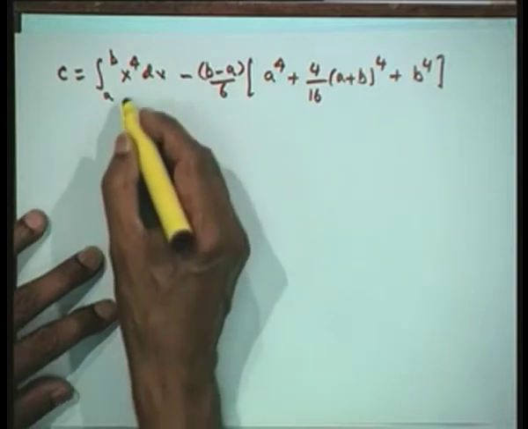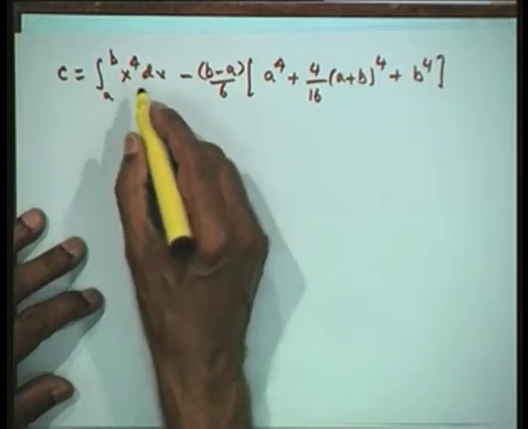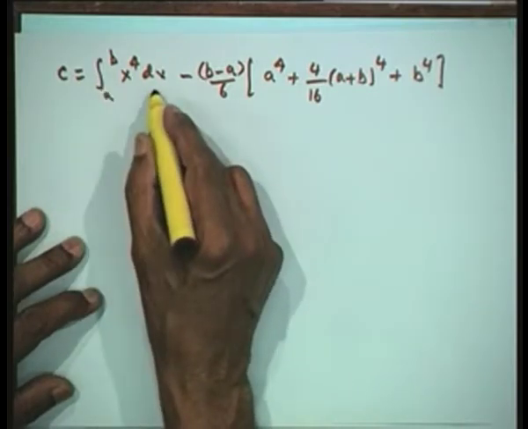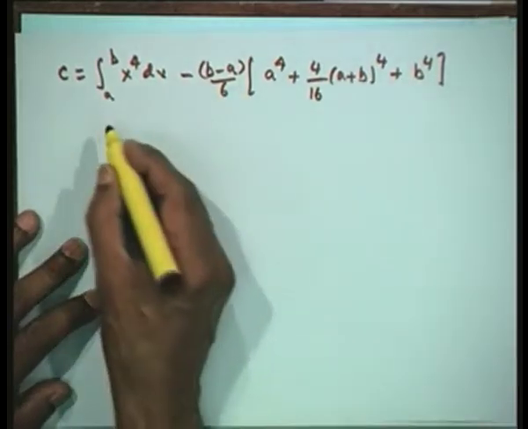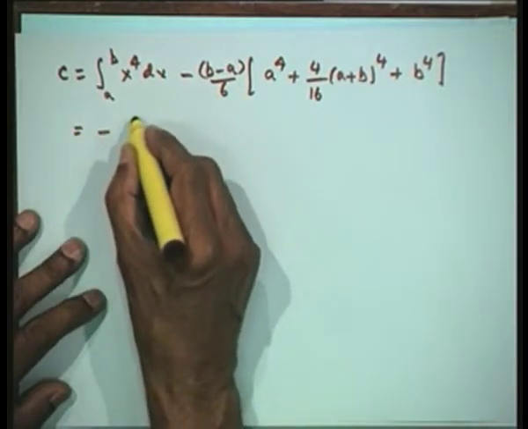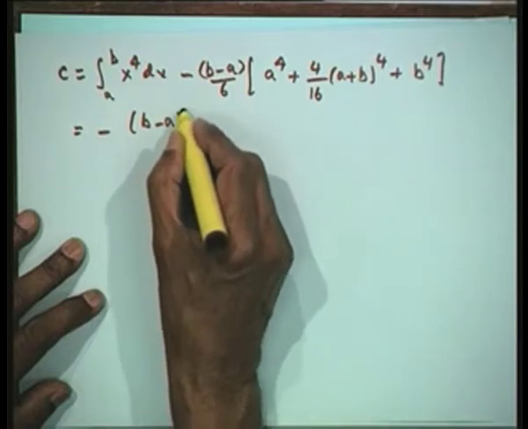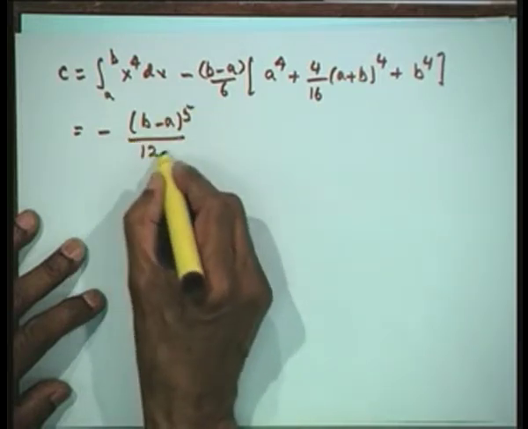Now, I can integrate this, this will give you 1 upon 5, x to the power of 5 by 5, that is b 5 minus a 5, and this. Now, I will leave this also as an exercise for you. It turns out to be a very simple expression, (b minus a) to the power of 5 by 120.